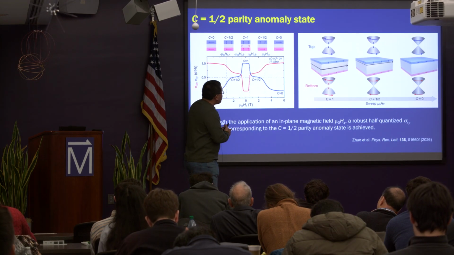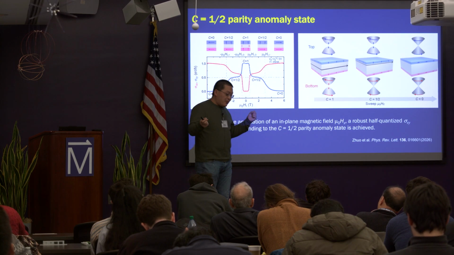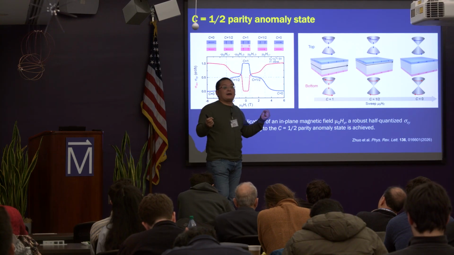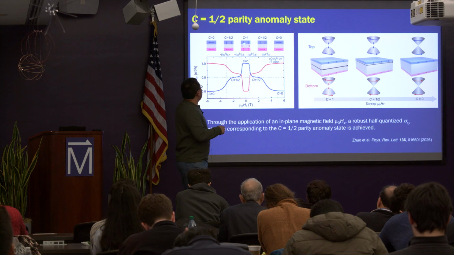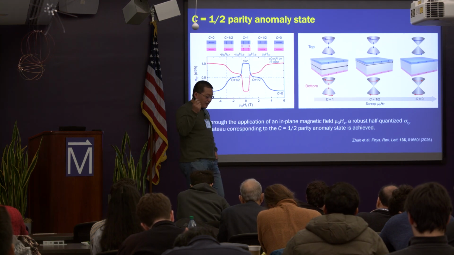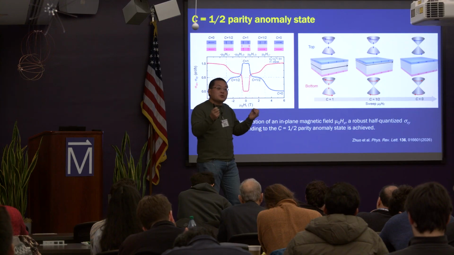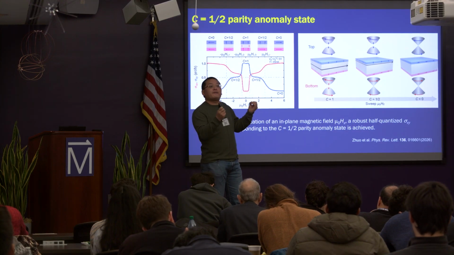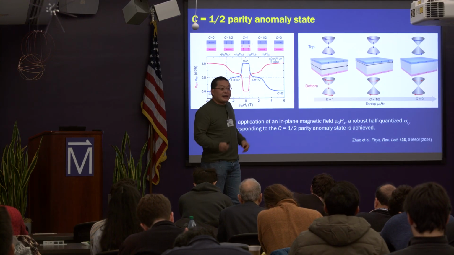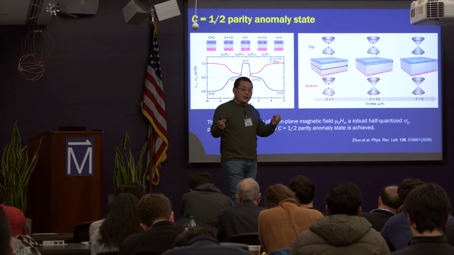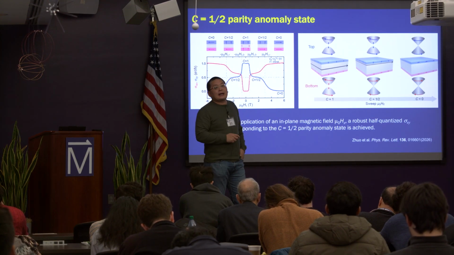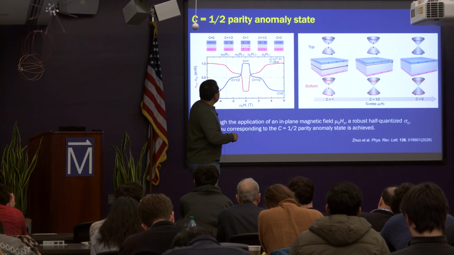More recently, we are still using MBE to fabricate magnetic TI sandwich structures with different doping. In the top layer we dope vanadium, and in the bottom layer we dope chromium. Because of the two different dopings, there are two different magnetic anisotropies, so the top layer and the bottom layer have different coercive fields.